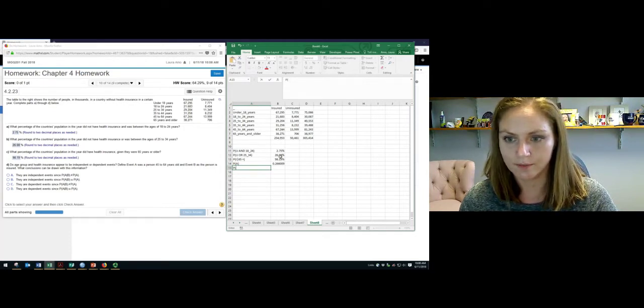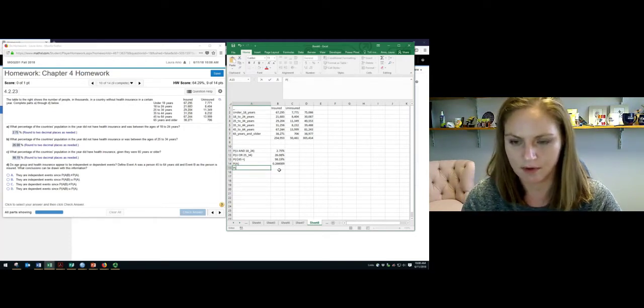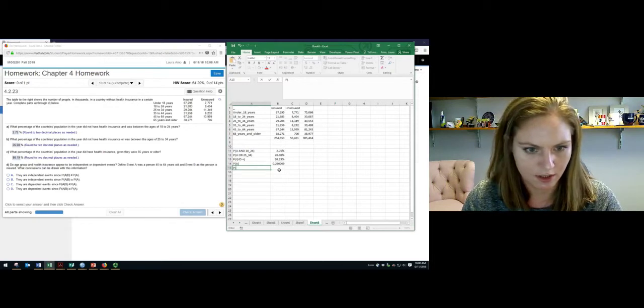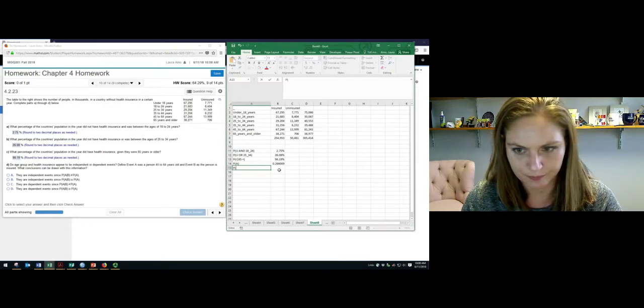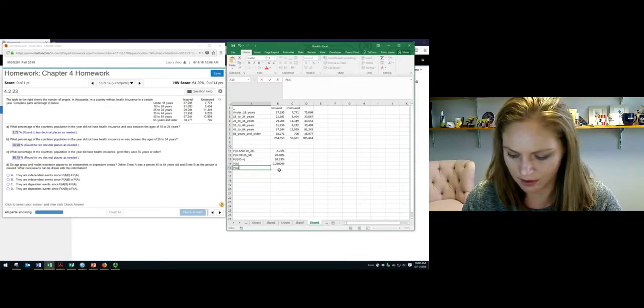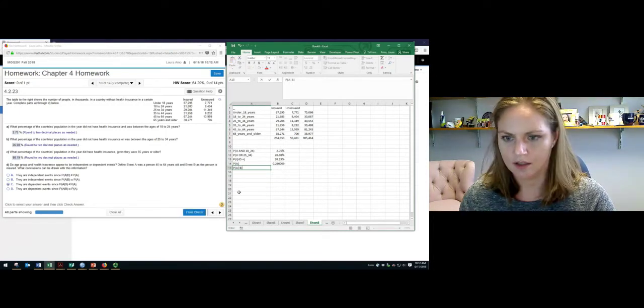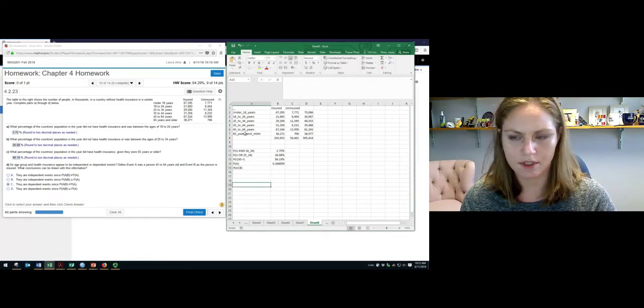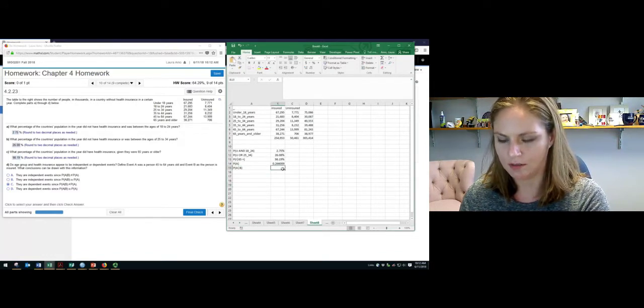So this value. I'll just put A given B here. Given B, the person is insured, so here it's going to be equal to, given that they're insured, this divided by this.